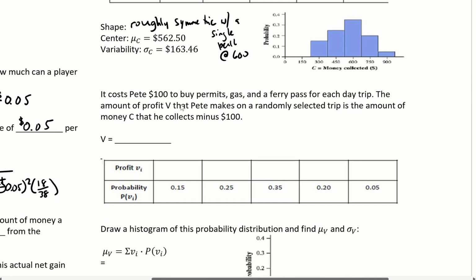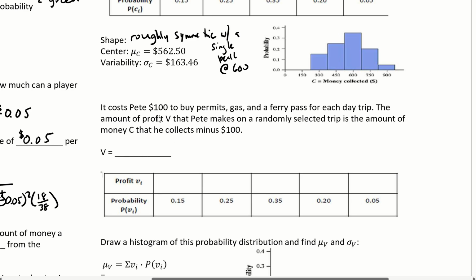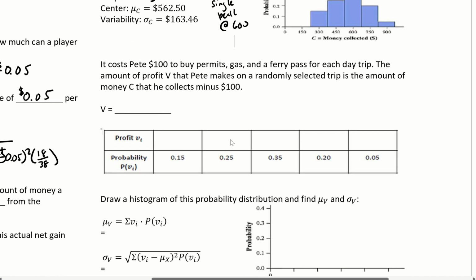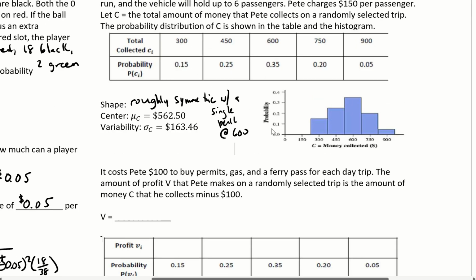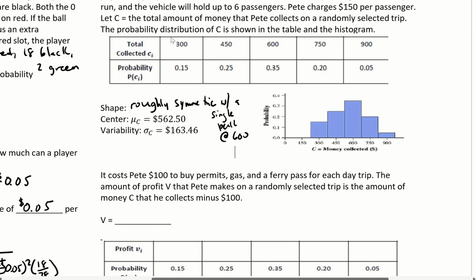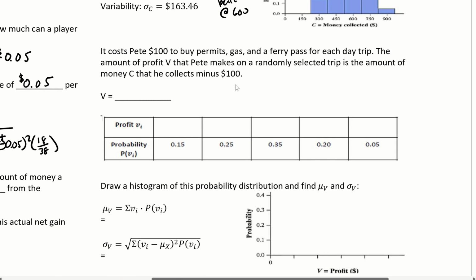It costs Pete $100 to buy permits, gas, and a ferry pass for each day trip. The amount of profit V that he makes on a randomly selected trip is the amount of money he collects minus $100. So we want to define a random variable called the profit. If he spends $100, then whatever he makes minus $100 is his profit. So we define the random variable V as C minus $100.